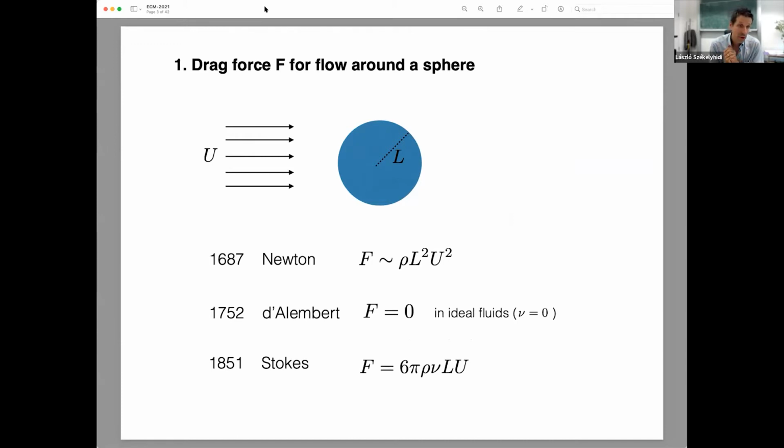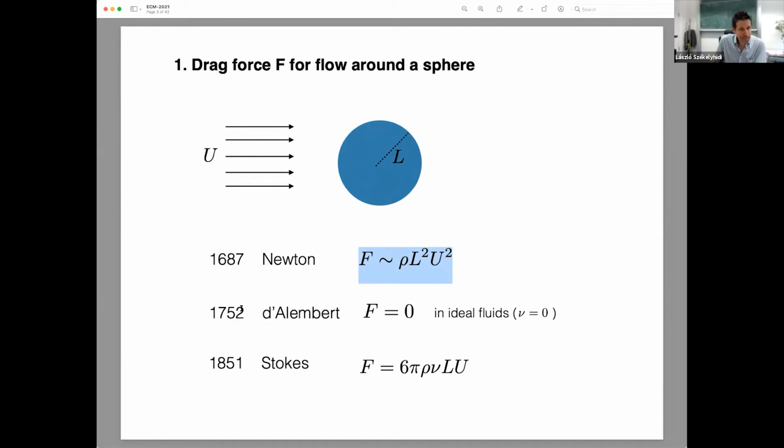Newton dealt with this in his Principia, and he derived the following formula. F is proportional to the density of the fluid times L squared times U squared.